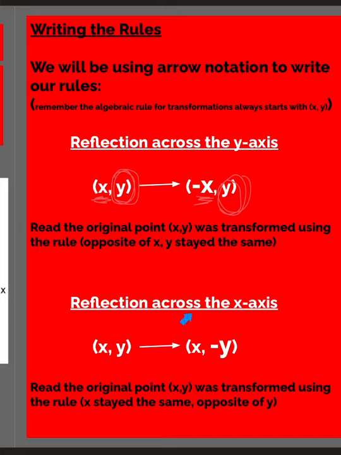Now on the reflection across the x-axis, remember the x's will stay the same and the y's become the opposite, and you represent the opposite using the negative sign. Negative means the opposite. So those are your rules.